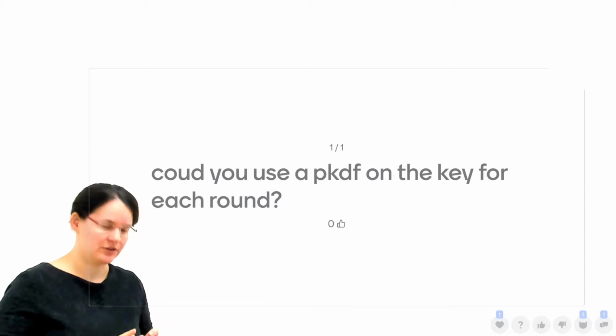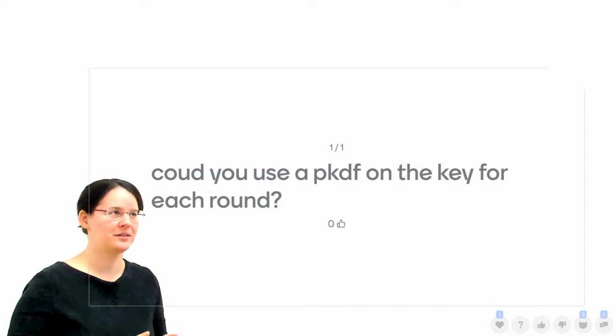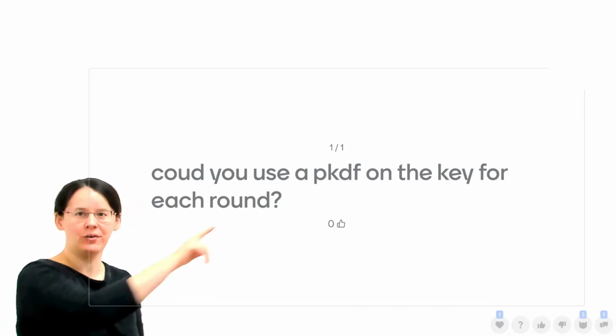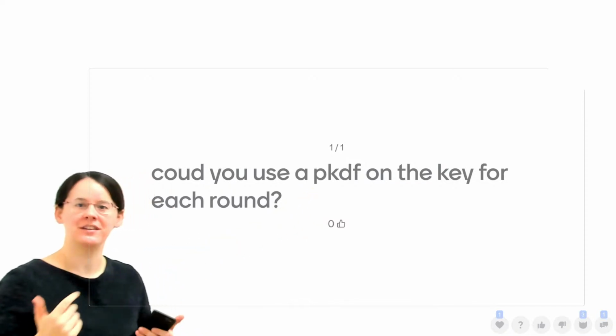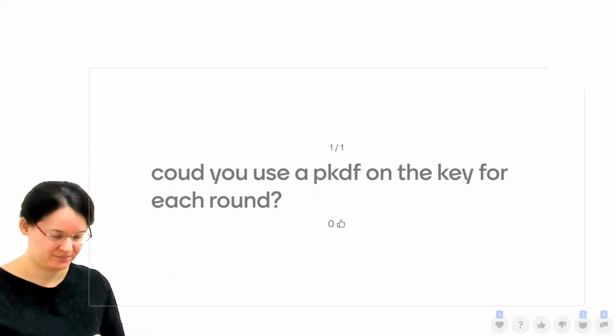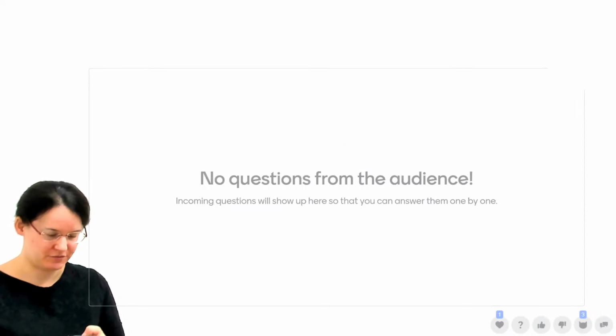So it's not necessary to do it. You could do it, but the resulting cipher would be really slow, because as I said, a password-based key derivation function is designed to be slow. Okay, thanks a lot for those interesting questions, and let's show the slides again.